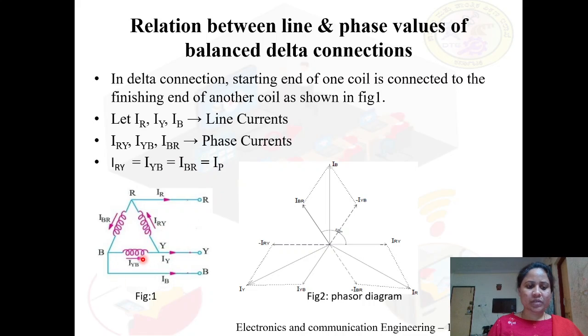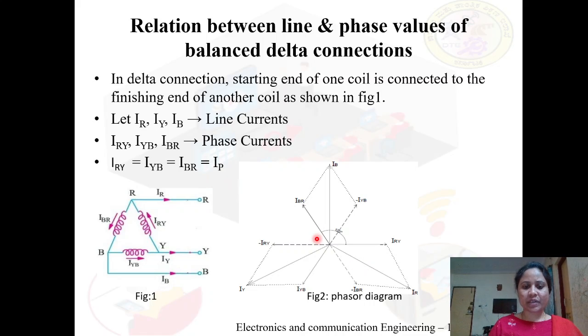These three represent the phase currents. Let us call the phase current IP and the line current IL. In the balanced system, the phase currents flowing through each phase will be equal. Therefore, let us consider IRY equals IYB equals IBR, which equals IP.